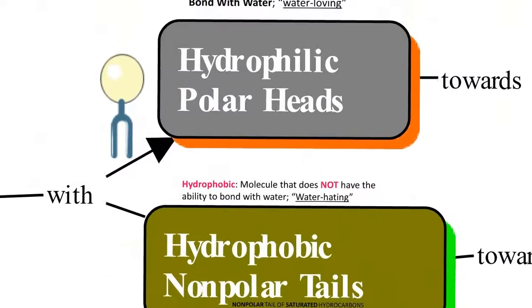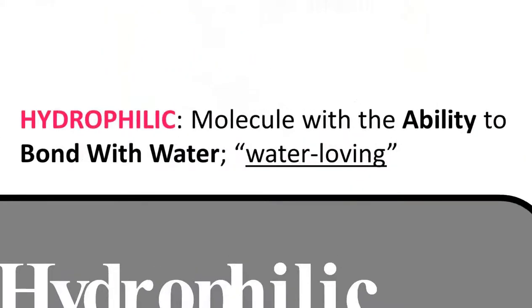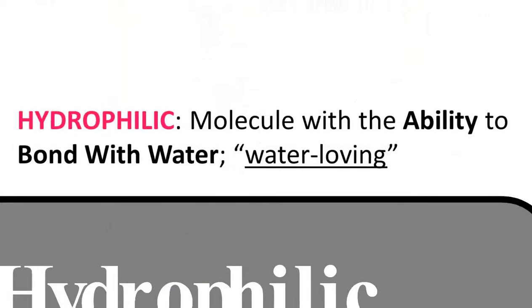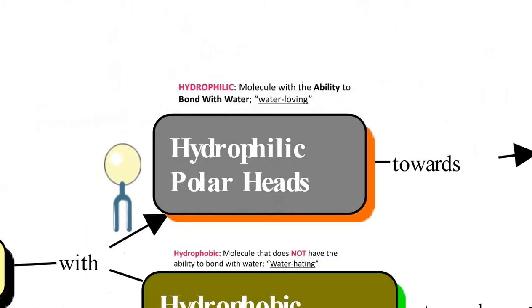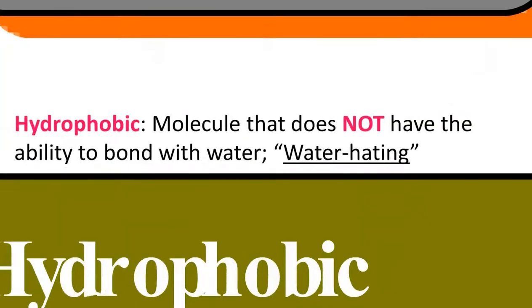Coming to the definitions: hydrophilic means the molecule has the ability to bond with water molecules, so commonly we call it water loving. Hydrophobic means the molecule does not have the ability to bond with water. Usually it is called the water hating property of the molecule.